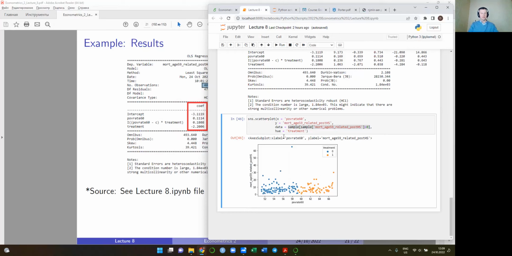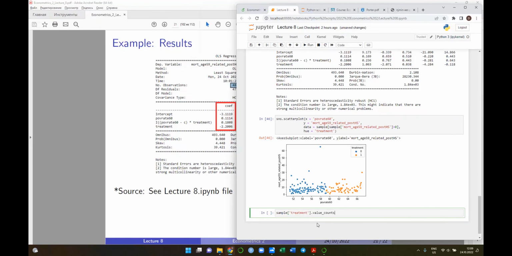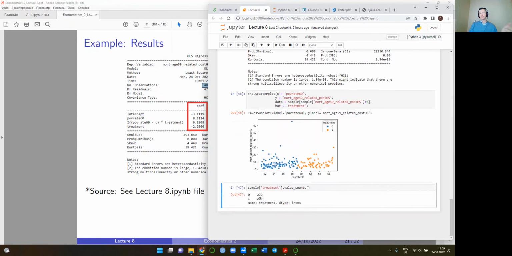And okay, since we have started this discussion, let me see how many are there. So sample treatment. Yeah, so not treated 279 and treated 203. So almost equal. So 279 whose poverty rate is below 59% and 203 whose poverty rate is above.